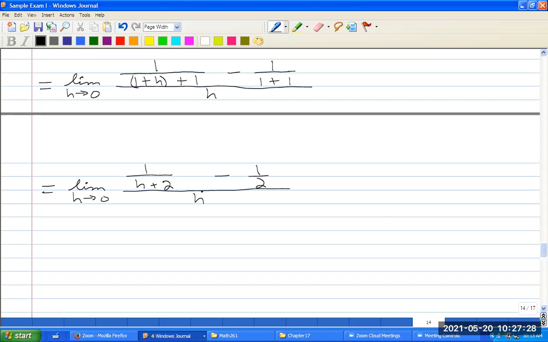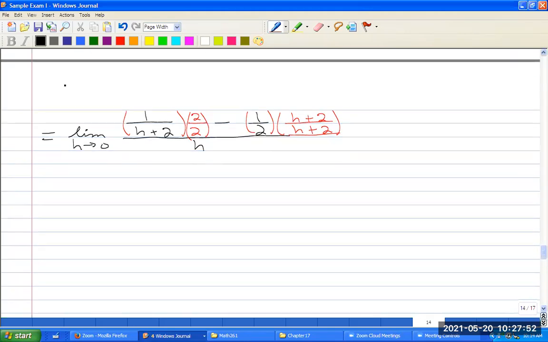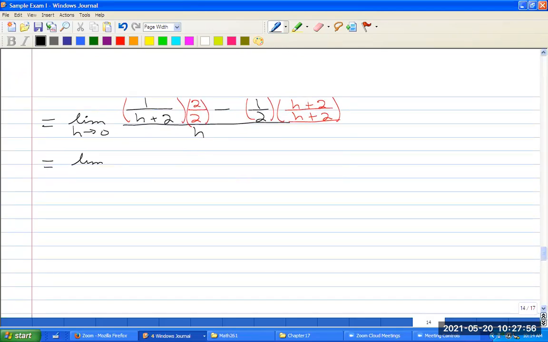So the first thing I want to do here is get a common denominator. The common denominator is 2 times h plus 2. And so this is the limit as h approaches 0 of 2 over 2 times h plus 2, minus h plus 2, so minus h minus 2, all divided by h.